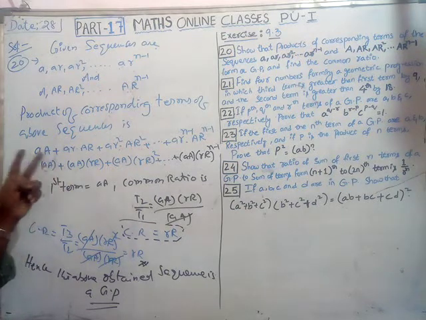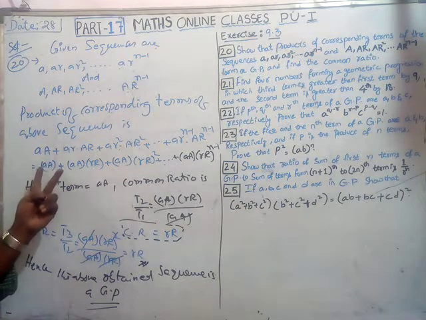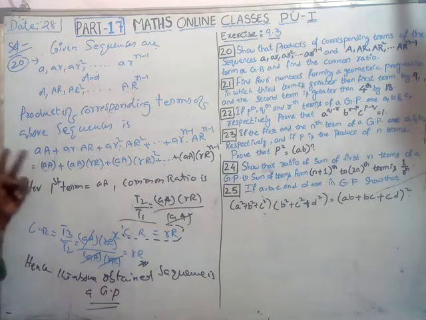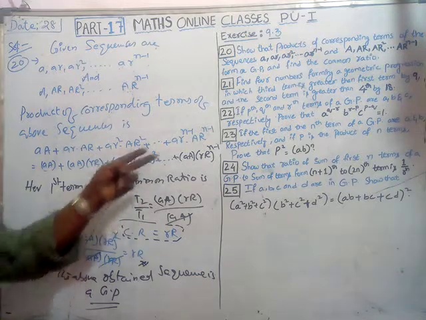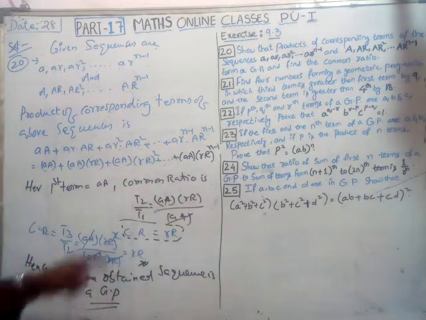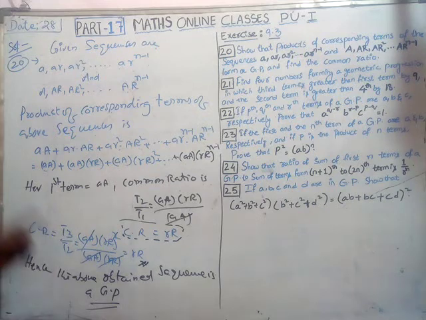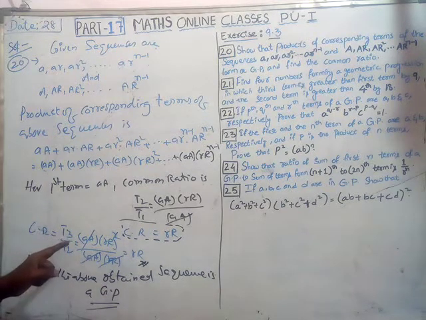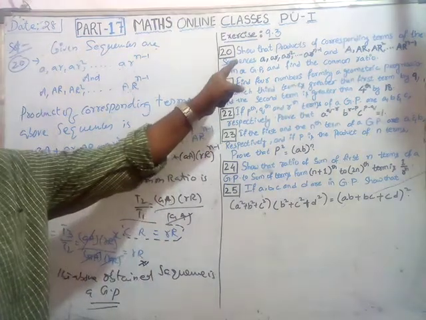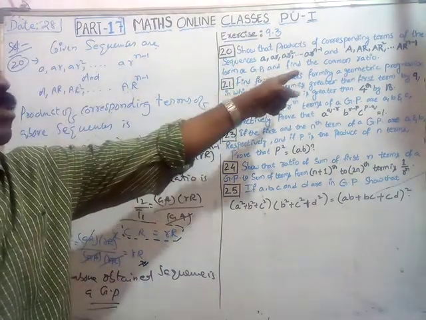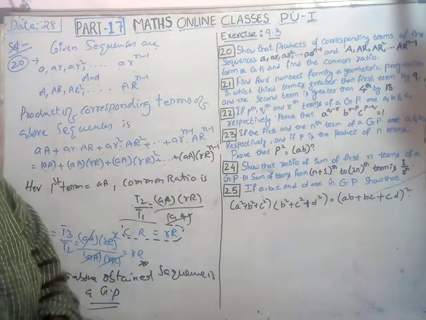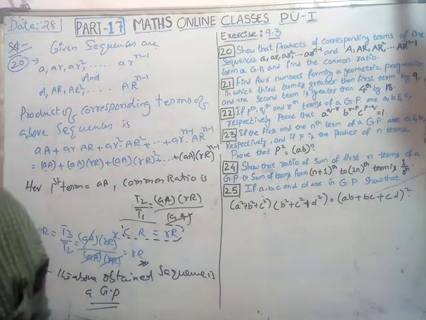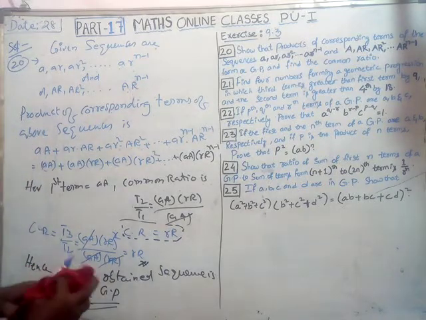The ratio of each successive pair, that means T2 by T1, T3 by T2, T10 by T9, like that, gives the same answer. So it is a GP. And what is the common ratio? It is small r into capital R. So we found the common ratio also. Now we'll go to the next.